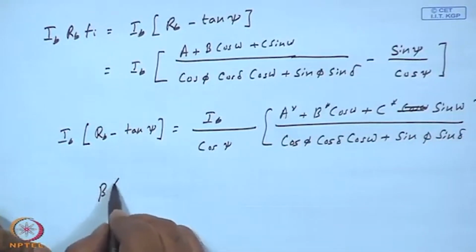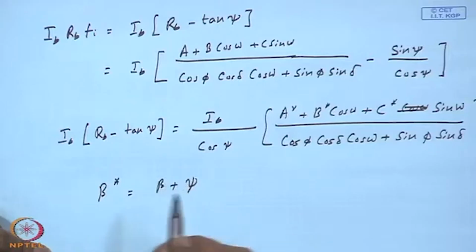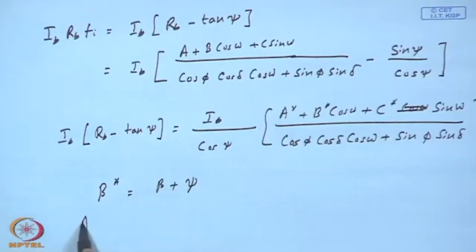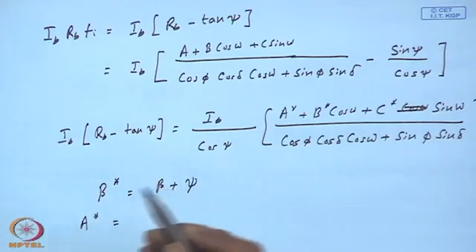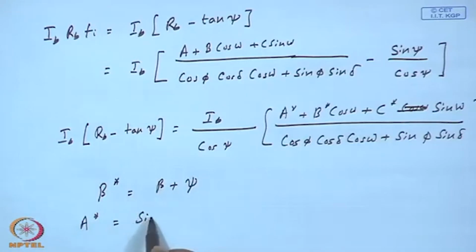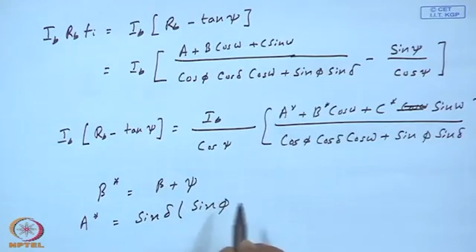So, beta star is beta plus psi, and A star is same as your ABC, except that beta is equal to beta star. You recall the fundamental definition, when we expressed cos theta as A plus B cos omega plus C sin omega.